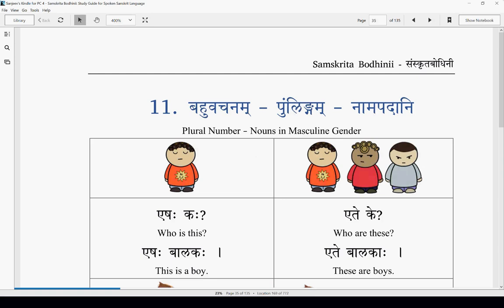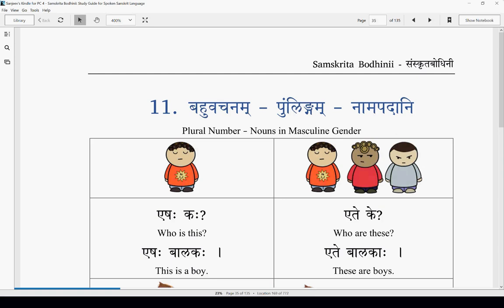Now coming to bahuvachanam, pullingam, namapadani. Namapadani means nouns. Namapadam is noun. Only padam is word. Pullingam, masculine. Bahuvachanam, plural numbers.